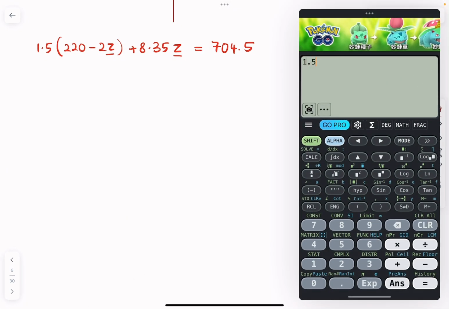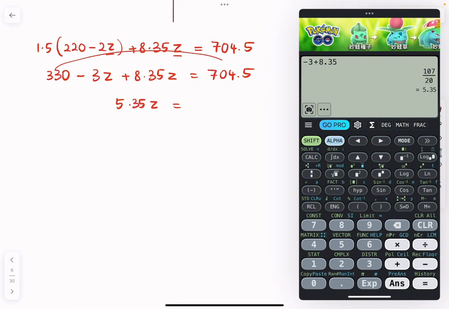1.5 times 220 is 330. Then 1.5 times 2 is minus 3z plus 8.35z. Then the z we can add together: negative 3 plus 8.35 gives 5.35z. 330, we bring it over that side: 704.5 minus 330 is 374.5.